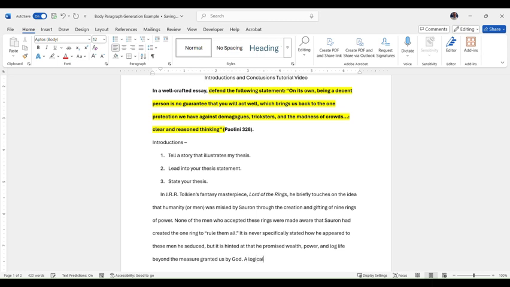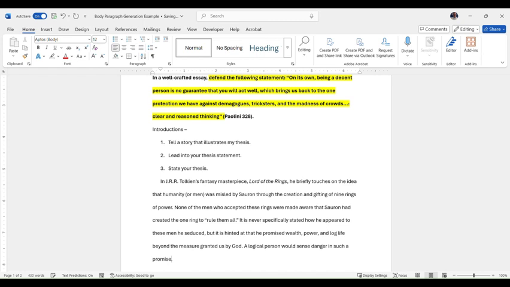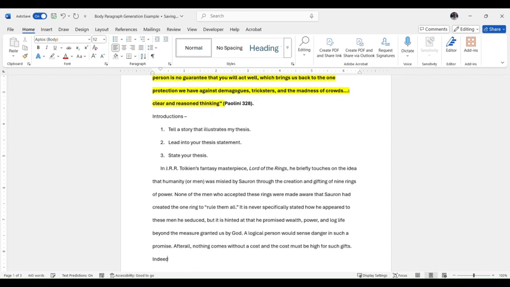Right? A logical person would sense danger in such a promise. After all, nothing comes without a cost, and the cost must be high for such gifts. Indeed, these men suffered.